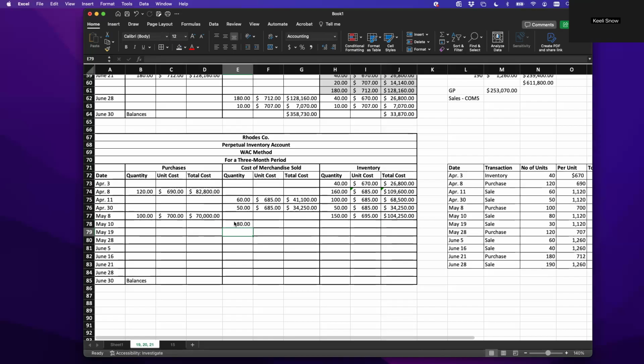And the next day, or May 19th, we're going to sell 30. We're going to do both of these at the same time because not a lot is going to change except for how many we sold. 80 times 695 and 30 times should also be 695. So 150 minus 80 gives us 70 for 695.